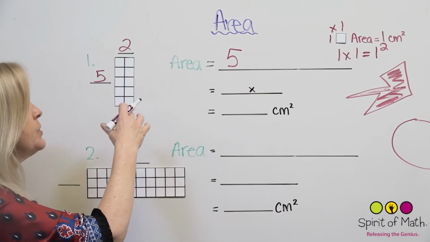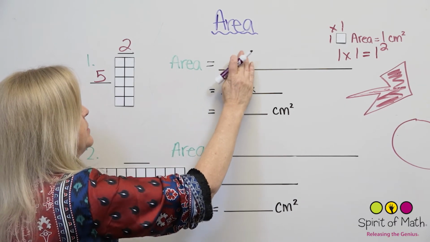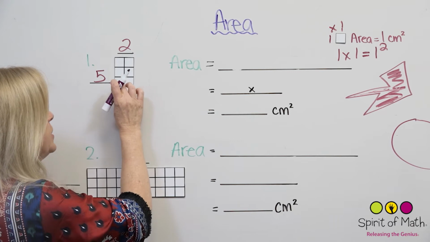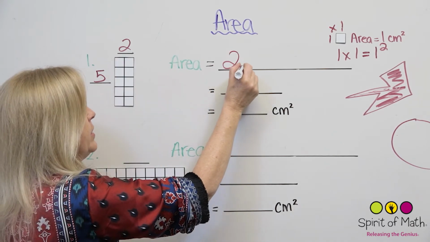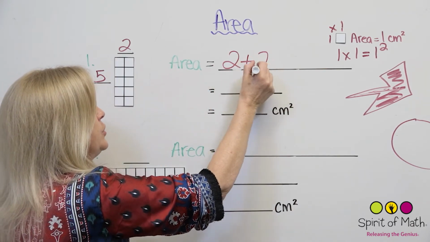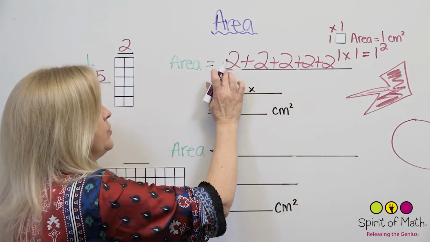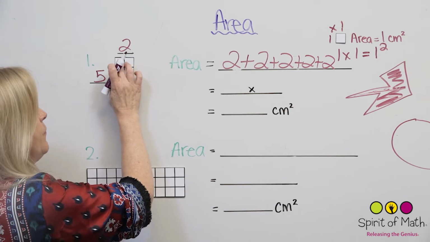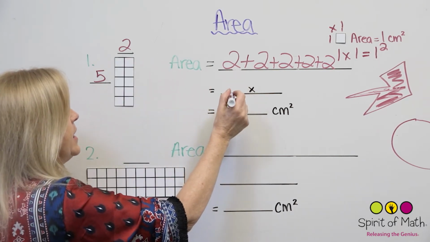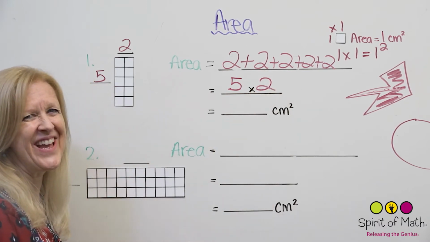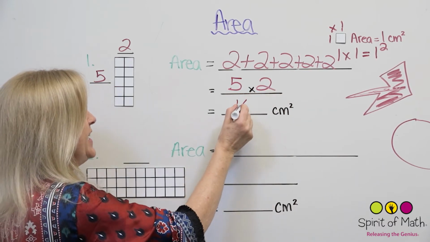So 5 groups of 2. Whoops, let's just rewrite this here. So 5 groups of 2 is 2, 4, 6, 8, 10. So you write them 5 times. 1, 2, 3, 4, 5. Okay, so you've got 1, 2, 3, 4, 5, and that's the same as saying 5 groups of 2, okay? And 5 groups of 2 is 10.